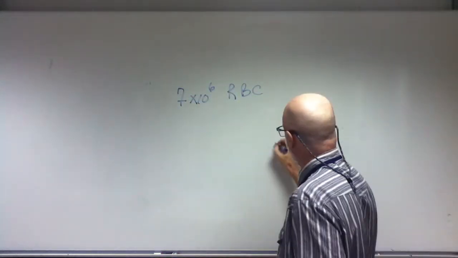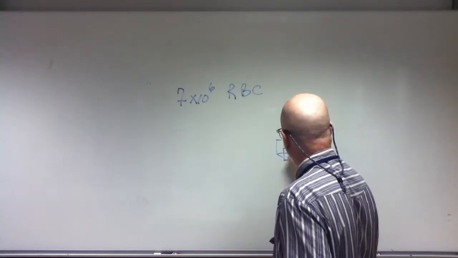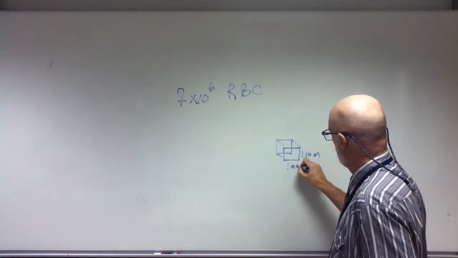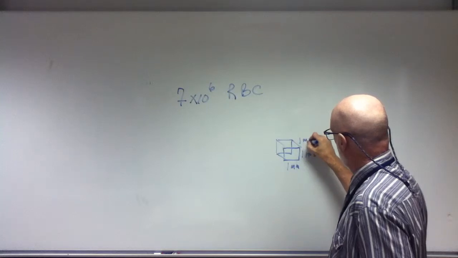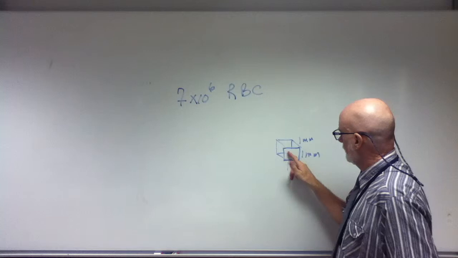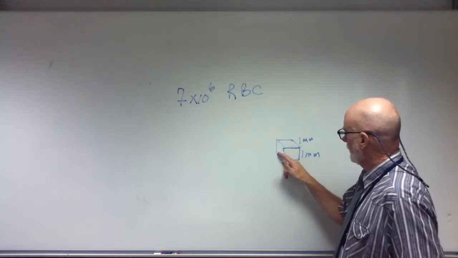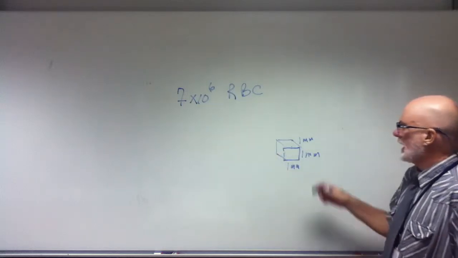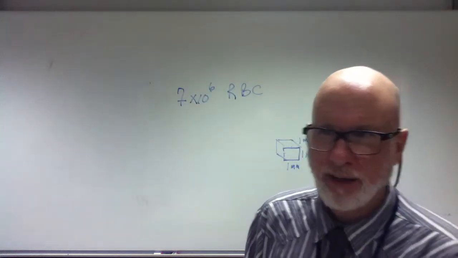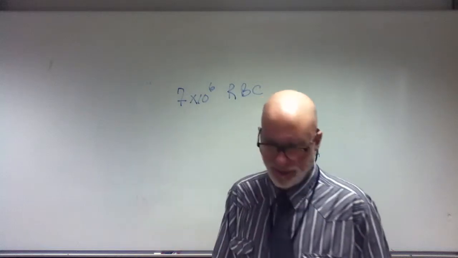So if I take 1 cubic millimeter, 1 millimeter, let's make this look really good here. I have this many red blood cells. Do you get that? So in 1 cubic millimeter, there are this many red blood cells. Okay?